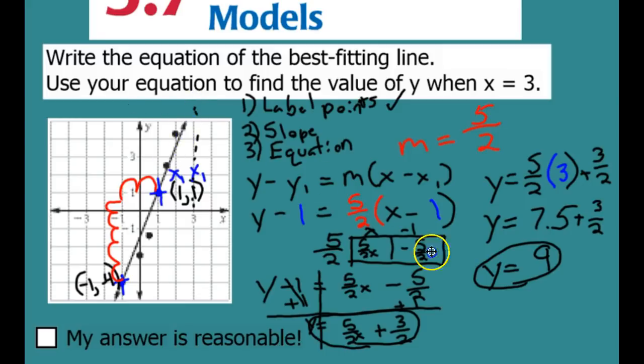If this y equals 9 makes sense when our dotted line at 3 hits our best fit line, then we know our answer is reasonable. Even though it runs off the graph, I still think that this best fit line might hit 9 once we get up there. So we're going to check off that our answer is reasonable here. y equals 9.